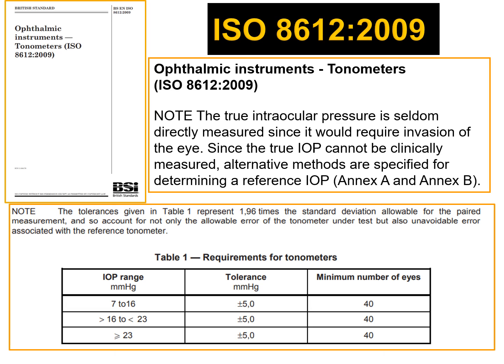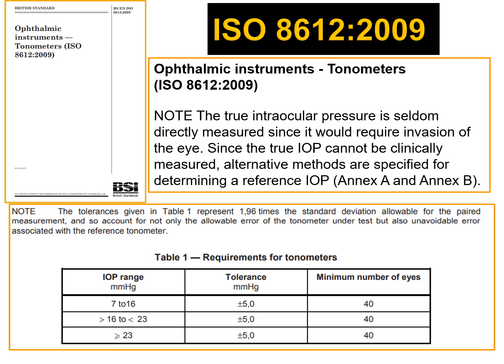It says the true intraocular pressure is seldom directly measured since it would require invasion of the eye. Since a true IOP cannot be clinically measured, alternative methods are specified for determining a reference. So again, this is simply asking, can one machine replace another machine? And they are quite specific.